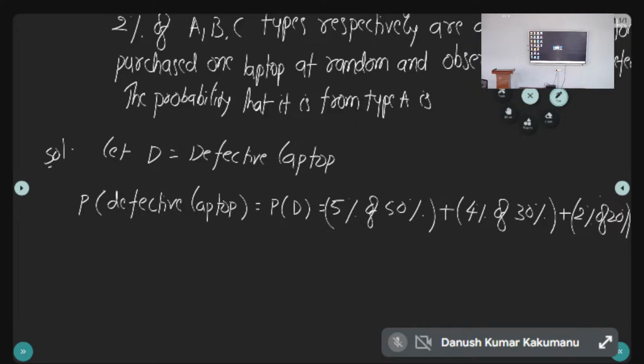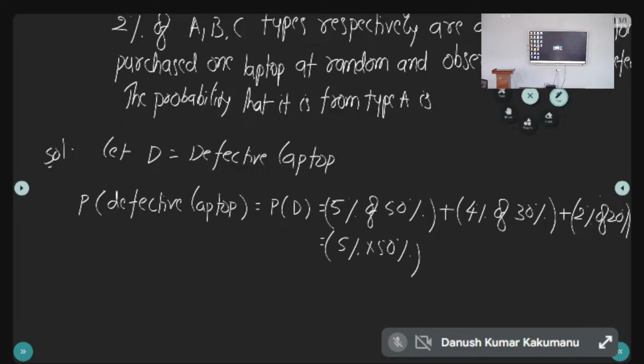Now, if you convert it into numbers, what is 5% of 50%? 5% into 50%. X percent of y means xy by 100 when you write it, and still I am in percentage notation only. If I write by 100, then that percentage I will remove.